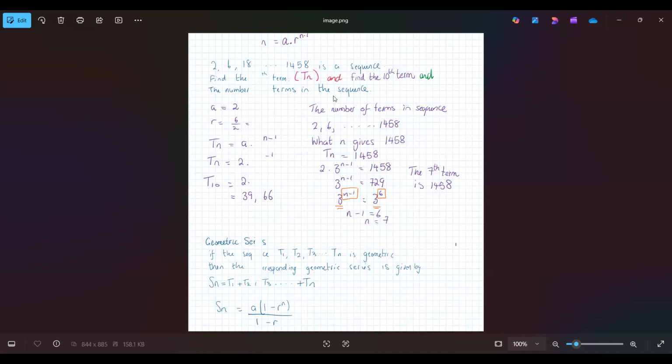It was a bit confusing, but I think she said find the nth term, find the tenth term, and the number of terms in the sequence.